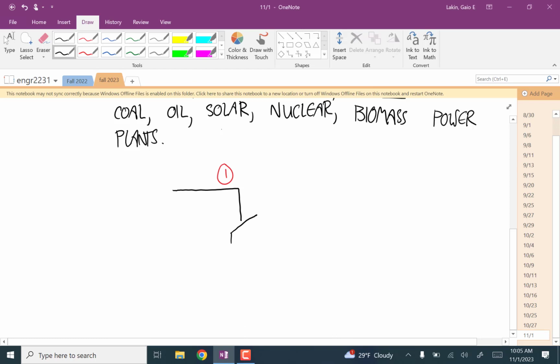And I'm going to draw it like this. And the turbine is the step that produces the work. So I'll call it W sub T, the work done by the turbine. And so the steam goes from state 1 into the turbine and comes out at state 2.